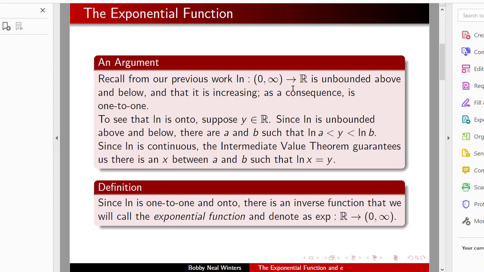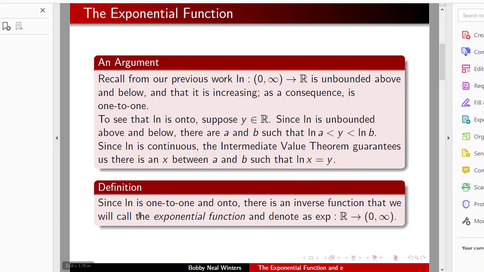Since the natural log is continuous, the intermediate value theorem guarantees there is an x between a and b such that the ln of x is equal to y. Therefore, natural log is onto, so it's a 1-to-1 onto function, and so its inverse exists.